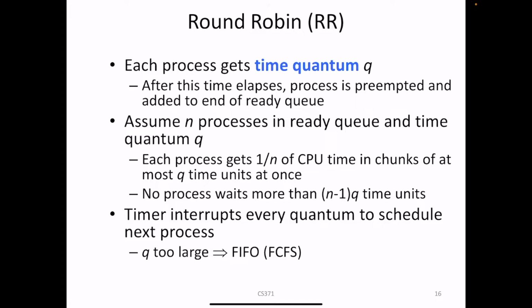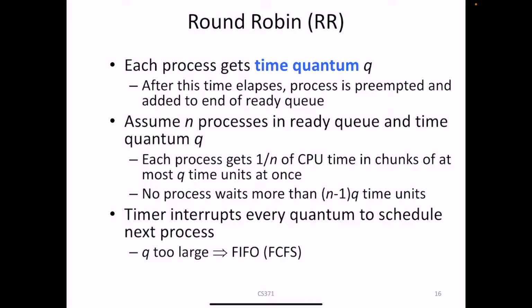Due to these two good properties, round robin is very suitable for time sharing systems. And actually, most operating systems, including the one you use, are time sharing systems. So that's why I'm saying that round robin is widely used in the real world.